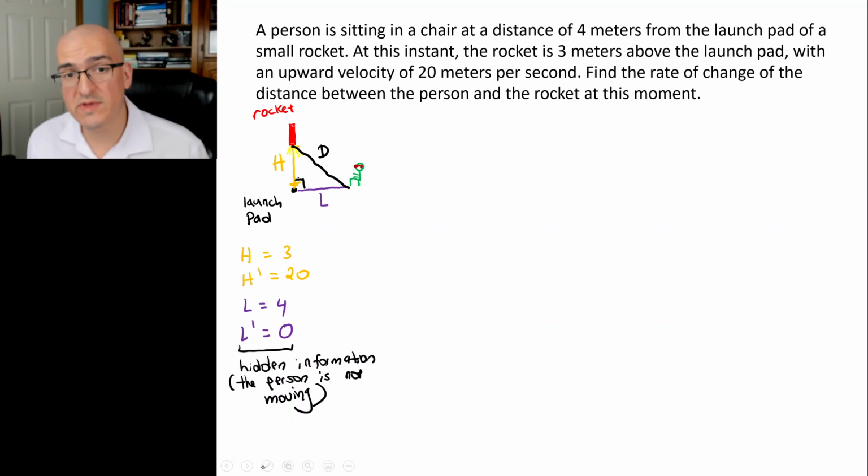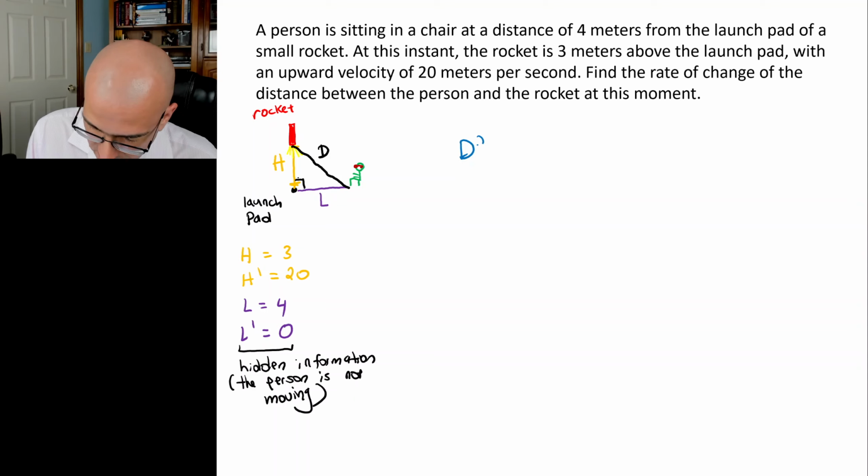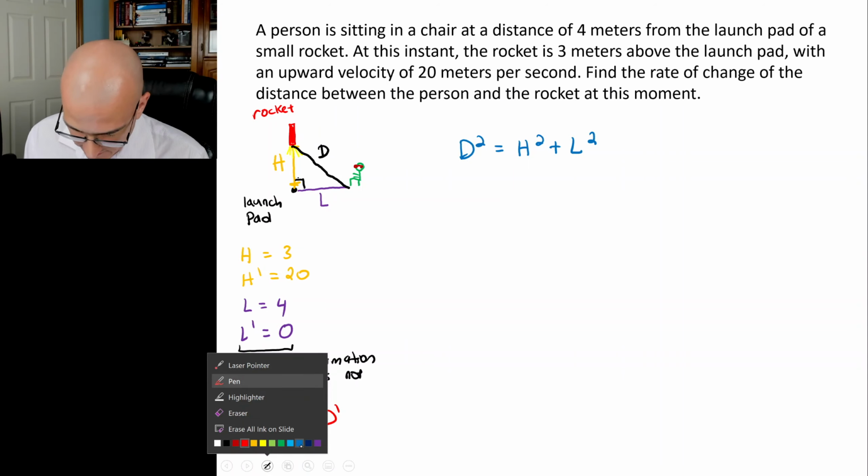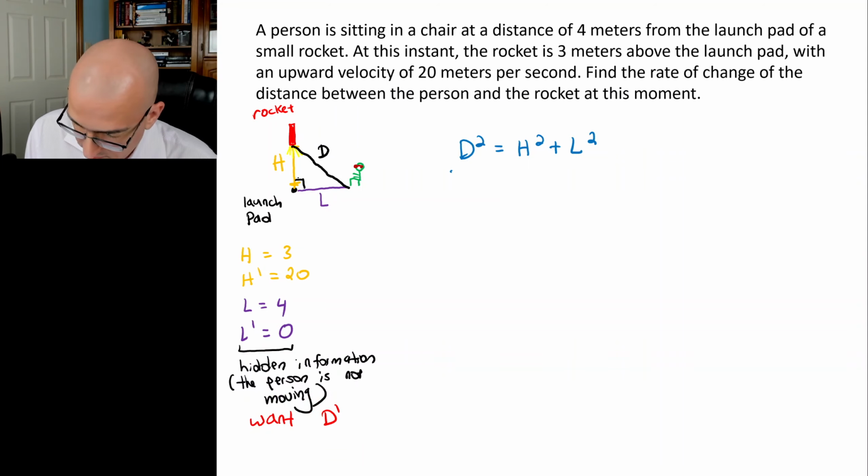All right, let's put everything together. Let's make our mathematical model that d squared is equal to h squared plus l squared. What do we want? We want d prime. So we'll take the derivative of everything. 2d d prime equals 2h h prime plus 2l l prime.